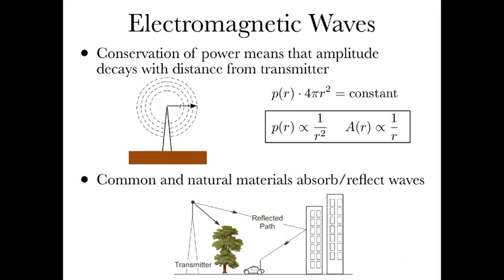Well, it also turns out natural entities can also affect electromagnetic transmission. I'm thinking here of a tree, and you may wonder, why would a tree block a signal transmission? The reason is because the leaves are loaded with water. That's their primary constituent.